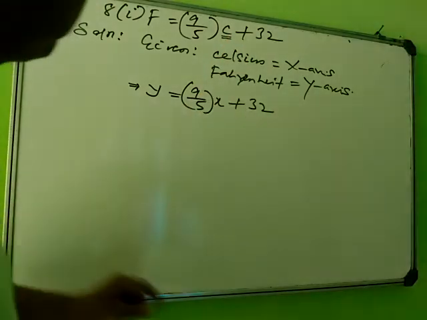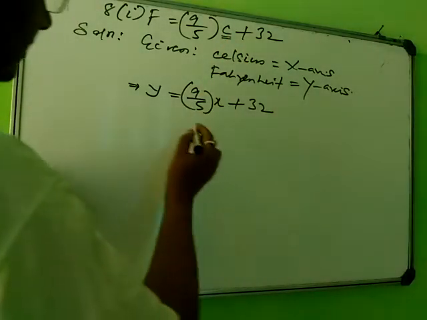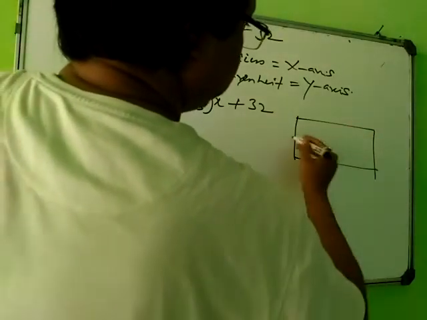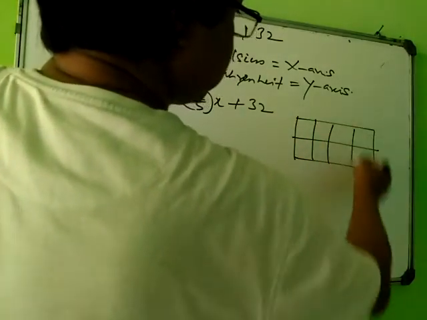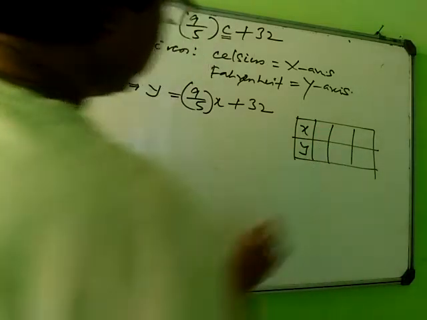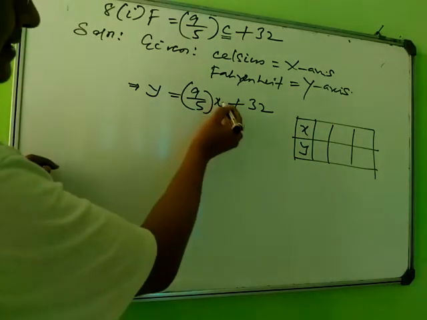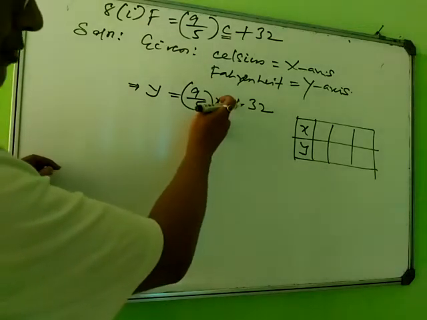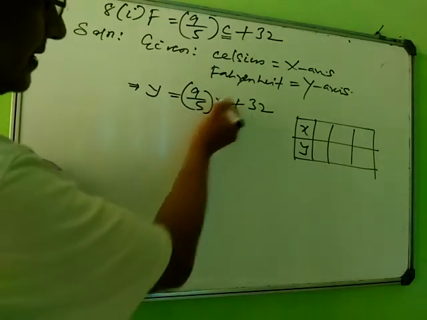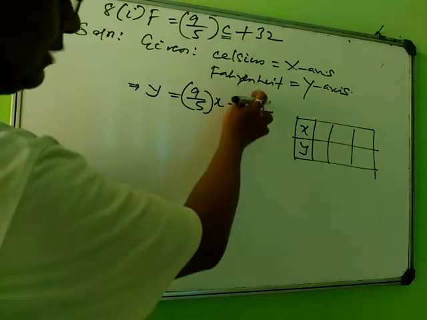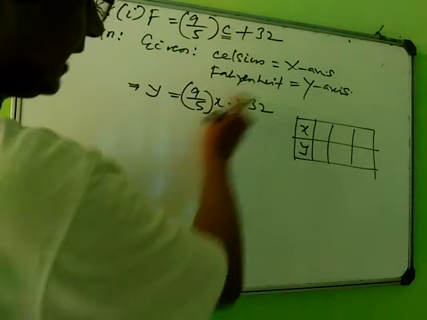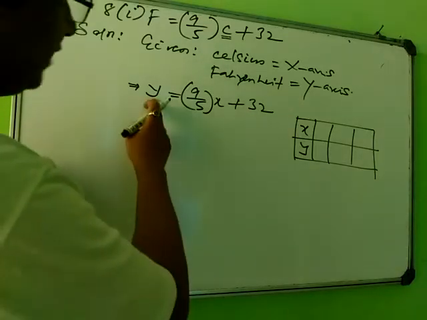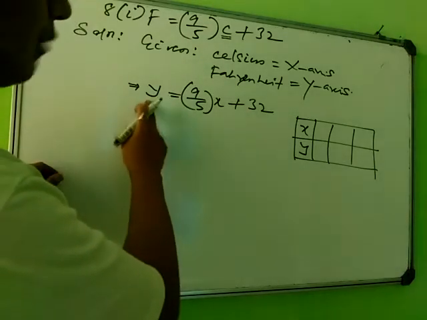Now you take 3 different points, say x and y. You choose the values of x so that they are divisible by 5, because then by adding or subtracting according to the value of x, if it is plus or minus, you will get the corresponding value of y.